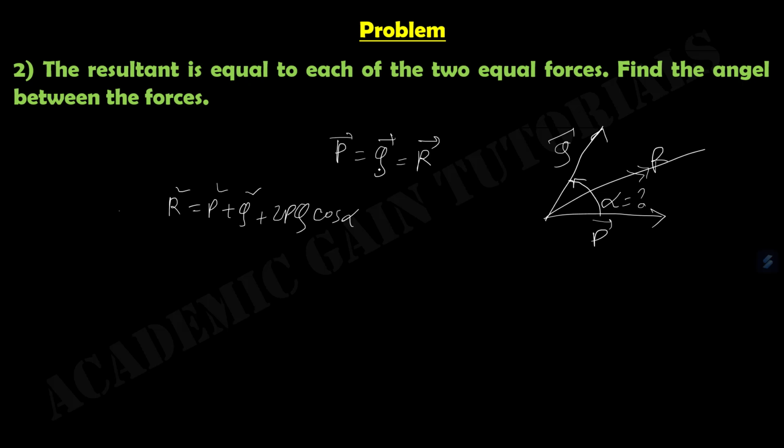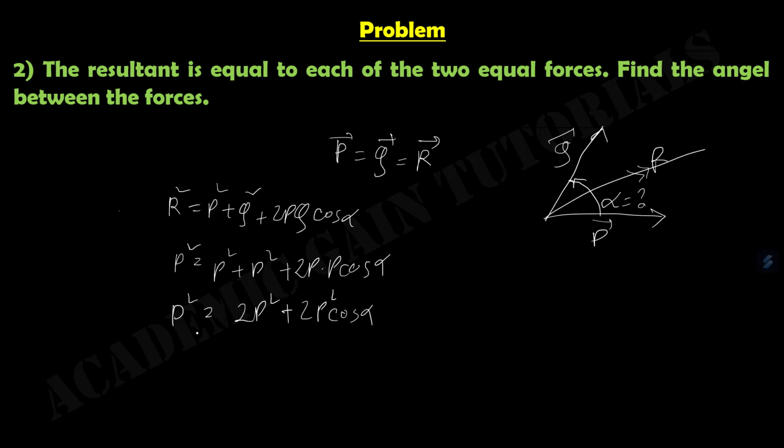As P equals Q equals R, instead of R we will write P, and instead of Q, we will write P. Then the whole equation will be P square equals P square plus P square plus 2P square cos of alpha.